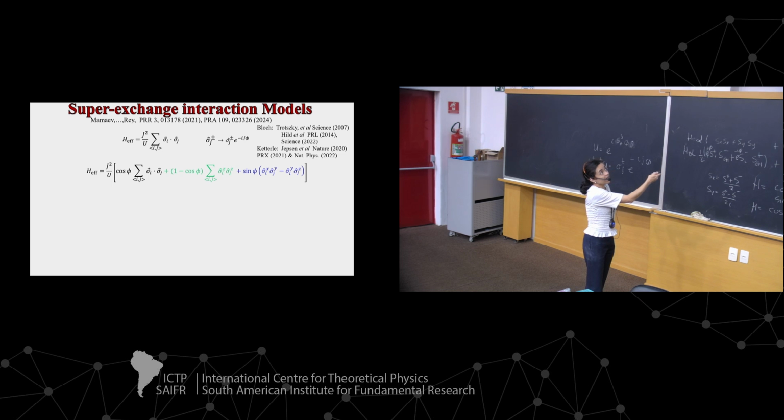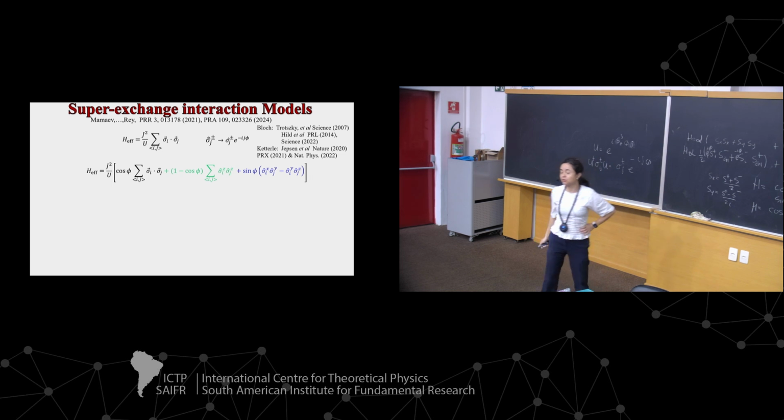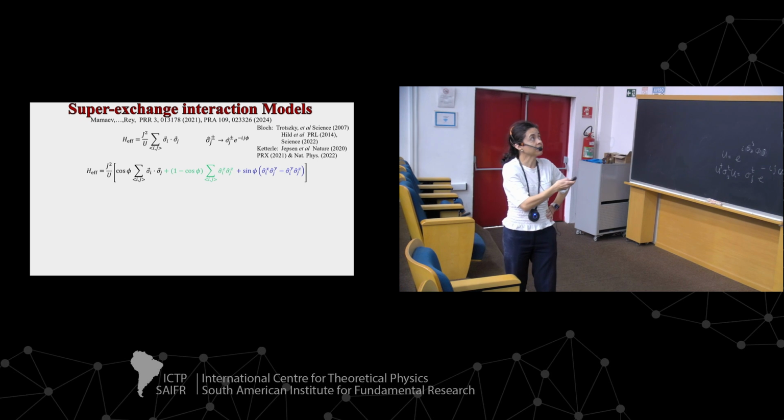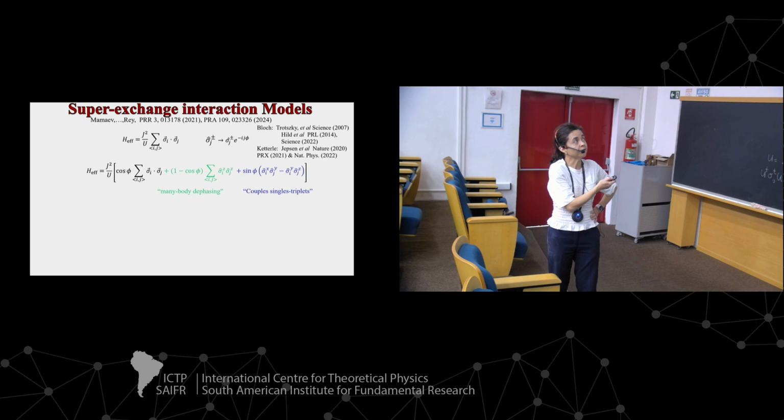This way of rewriting the Hamiltonian is very convenient to understand what happens with the dynamics. So let's look at a little bit of these terms. This term, people in condensed matter call a Heisenberg Hamiltonian because it's SU(2) symmetric. This term, people refer to as an Ising model.